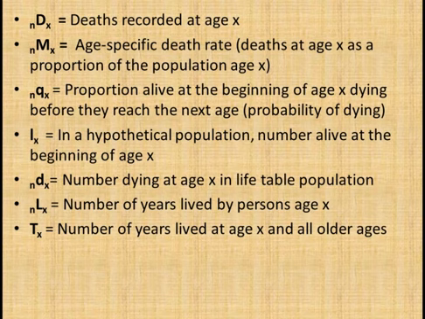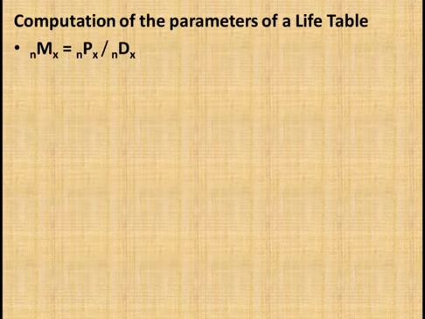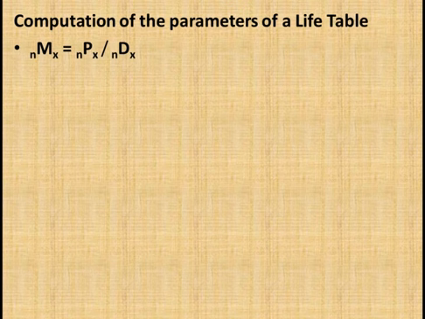We have T, the number of years lived at age x and all other ages. And we have E, the life expectancy. This is how we calculate the parameters of a life table.